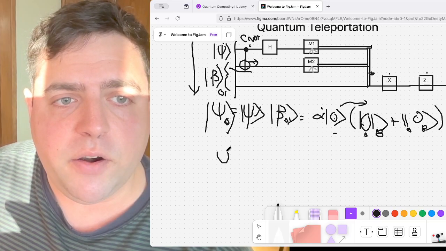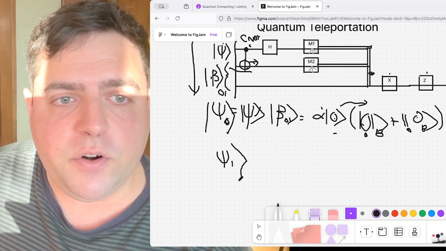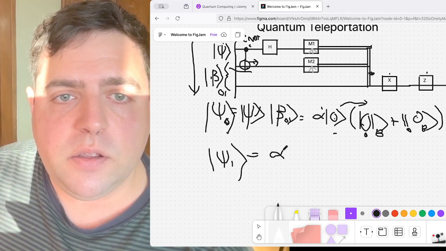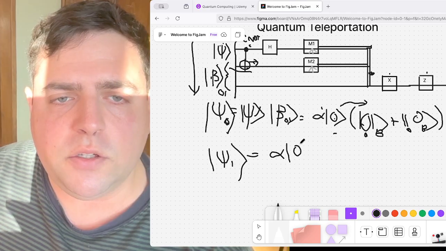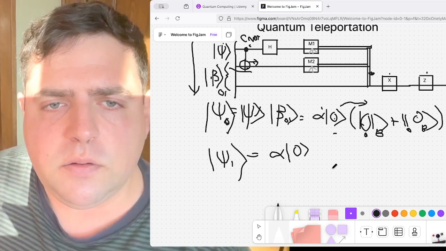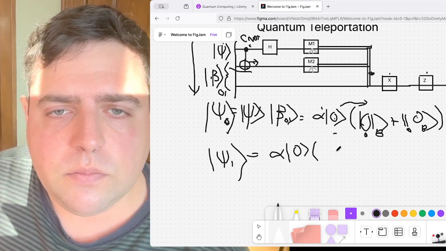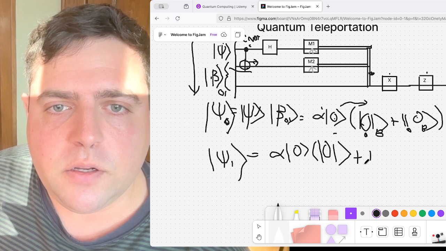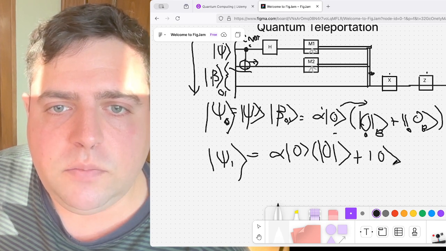So what we're going to get out here in our psi 1 state, after the first array of gates has acted on this stuff, is this. No change here because this is a 0, so it says don't flip any of this. Nothing changes here because the 0 bit doesn't flip things.